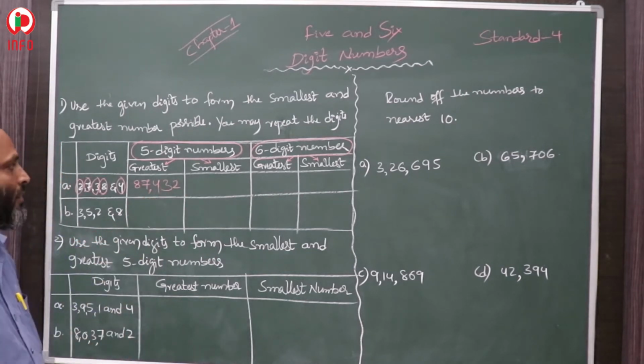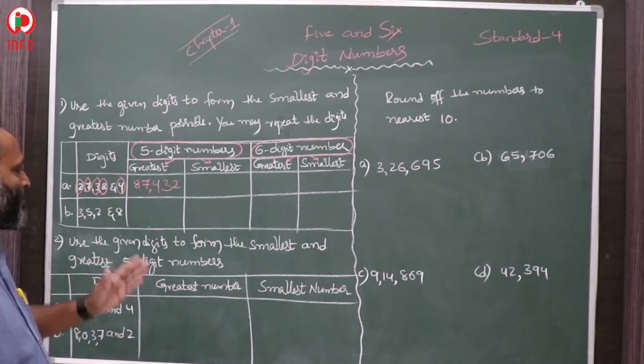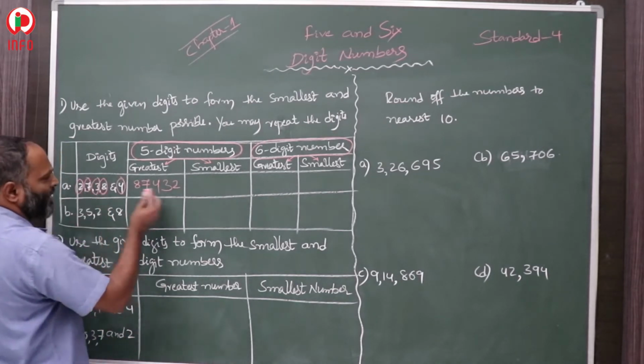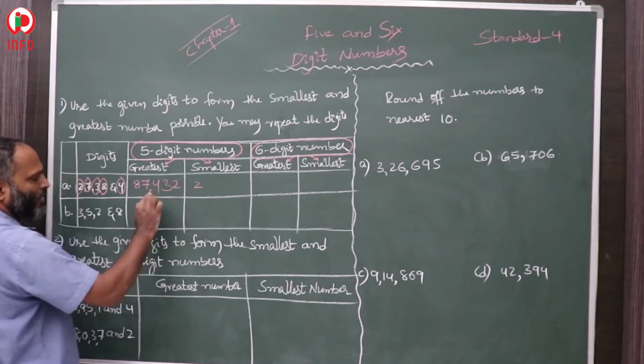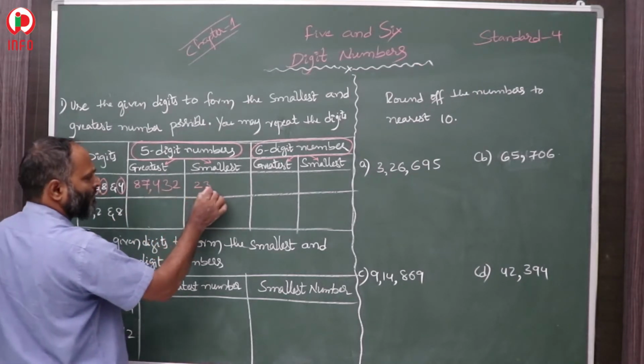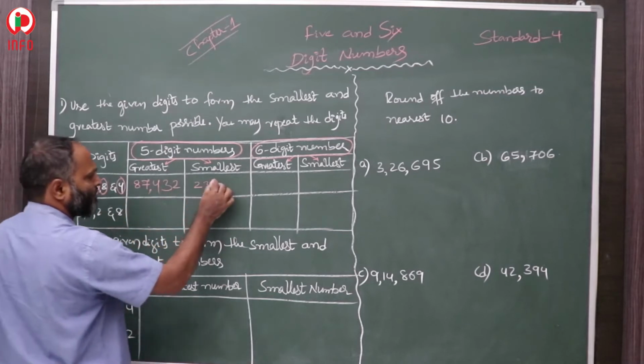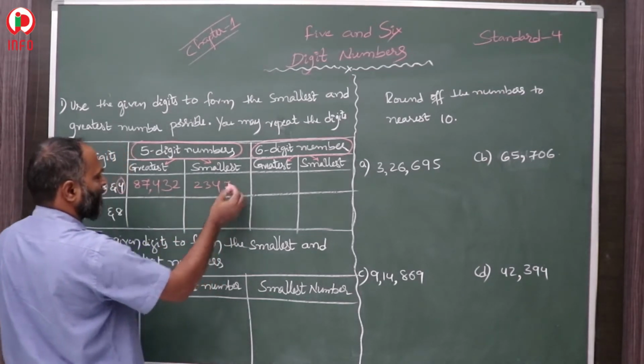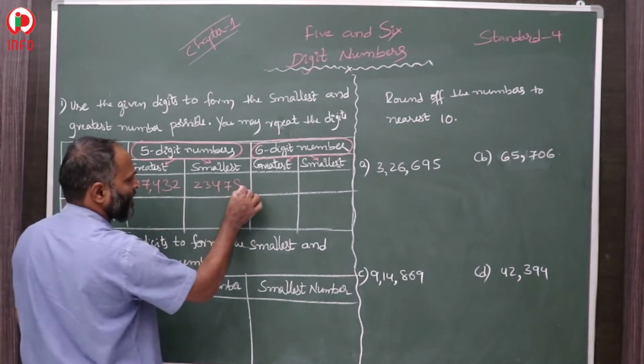This is the way to prepare the greatest number. For the smallest number, we take it in reverse order. First we take the smallest value, that is 2, then 3, then 4, then 7, then 8.